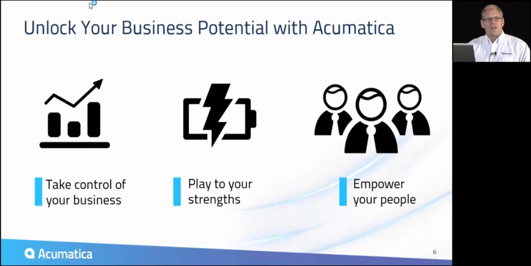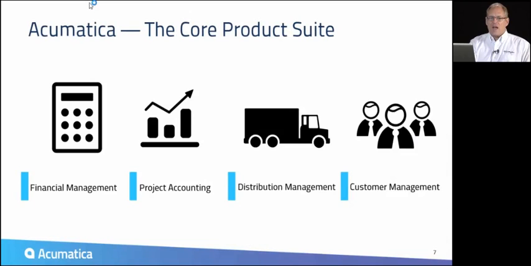So with that, what I'd like to do is give you a quick overview of the core components in the Acumatica product. We have the product broken up into what we call suites of functionality that kind of make sense. And different organizations purchase these different product suites.